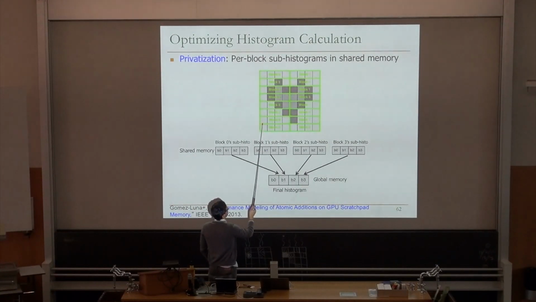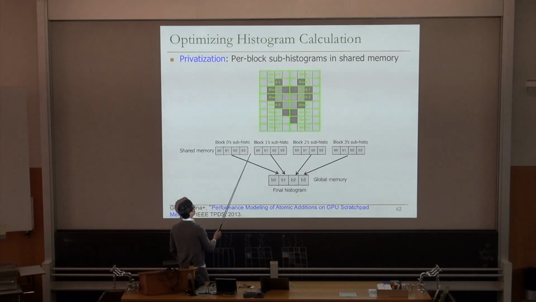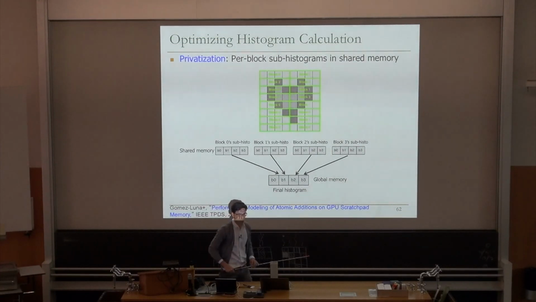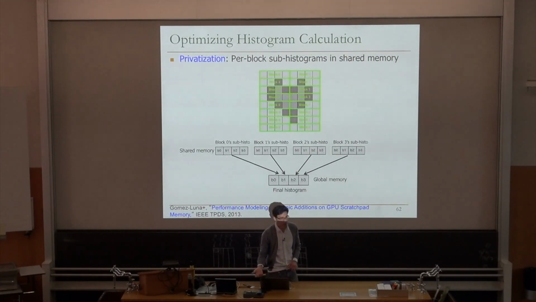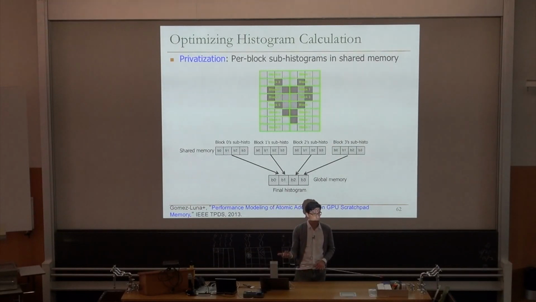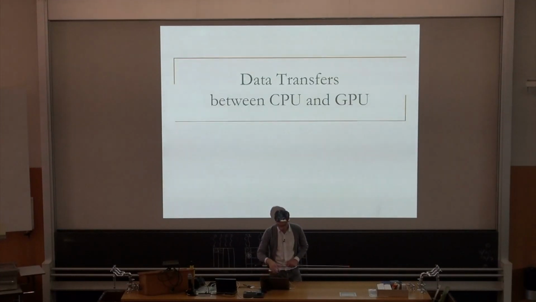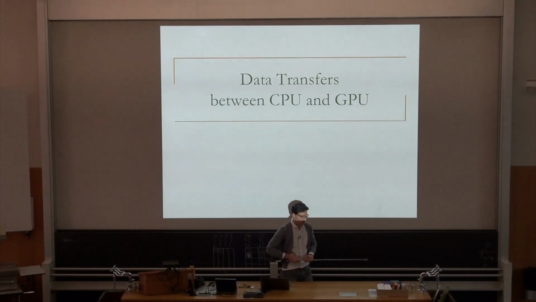Every time the threads in block 0 read the pixels, they update the corresponding subhistogram, and when all the subhistograms are done, they are merged into a final histogram in global memory. This technique is called privatization, and as you can guess, it improves the performance of this type of operations a lot. Okay, so now we have already talked about shared memory and atomic operations in shared memory.